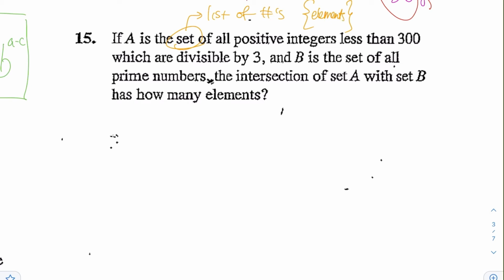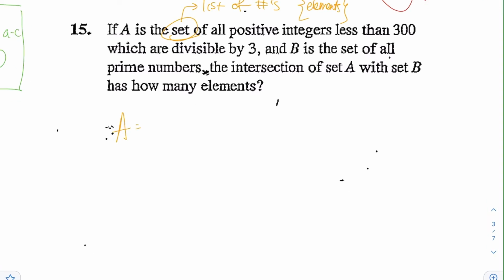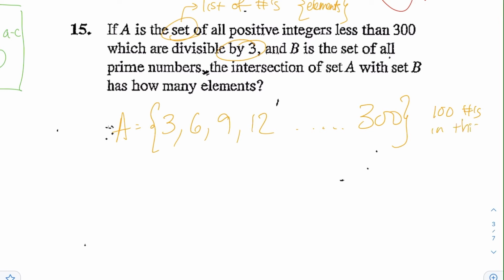Now A has all the positive integers less than 300. So set A would be equal to all the numbers that are less than 300 that are divisible by 3. So just 3, 6, 9, 12, etc., all the way up to 300. It's the 3 times table, up to 300. And since 3 times 100 is equal to 300, you know that there are 100 numbers in this set, or 100 elements.